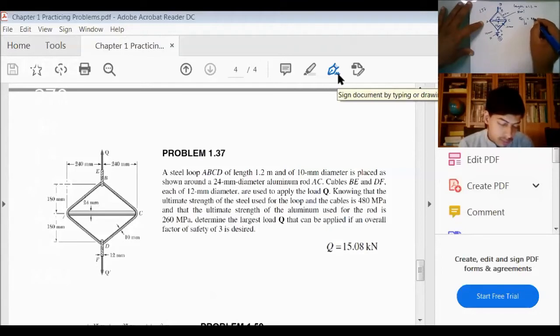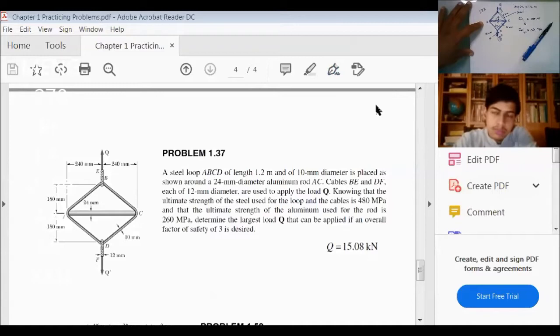Is 400 megapascal, and the ultimate strength of the aluminum, so the sigma allowable for aluminum, the maximum one, is 260 megapascal. As we can see, aluminum strength is usually less than steel strength. Steel is very strong. Okay, Shabab?